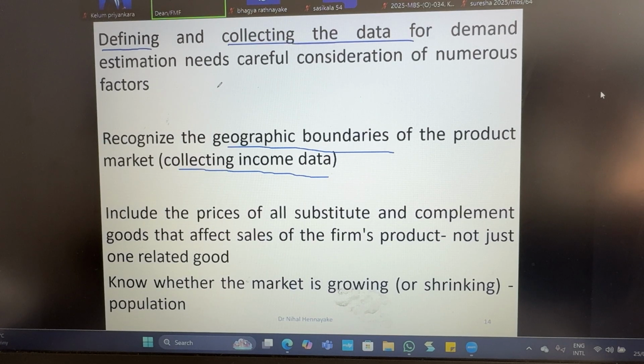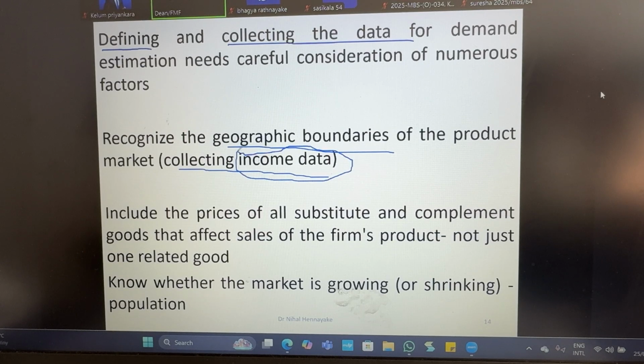Suppose I ask you to choose the Colombo district, or even a smaller area, Nugegoda, or maybe Thimbirigasyaya. A small market is good, because this is mini research. If you choose the Colombo district, how can you get people's income?